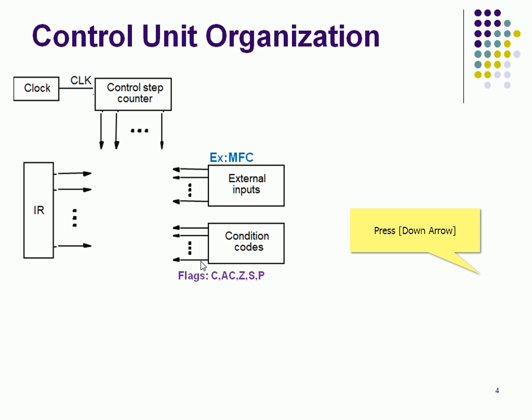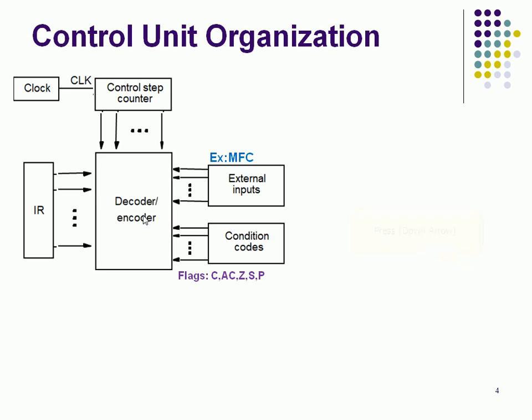They have to meet here, at this junction, which is a decoder and encoder. Decoding will be there for the instruction register, and a counter will be there for the step counter, and all this information is going to be reported here. Once it is reported here, it will generate the control signals.